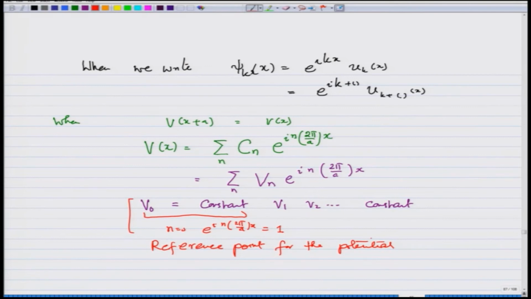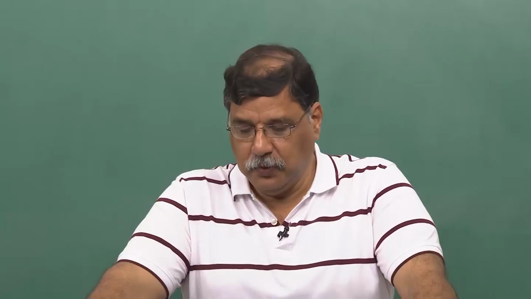So, it does not really affect the solution. All this does is change the reference point for the energy. So, the potential components that affect the solution are the components V_1, V_2 and so on.